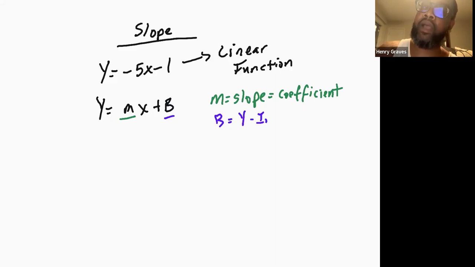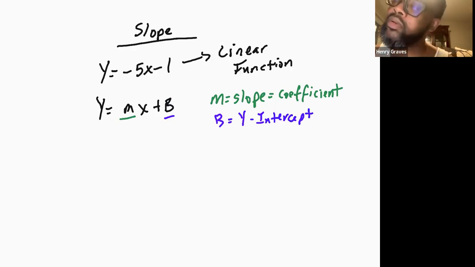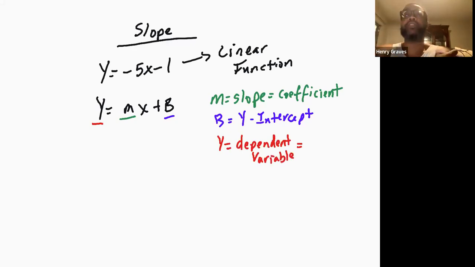Then we have the y. I call the y the dependent variable. I think in your assignment they call it the dependent quantity, but I prefer to use the word variable because it's just a number. And that's also your output. So that's what you get when you put in something. I'm going to go over the inputs and outputs here as well, so that way it'll make perfect sense. And then I have one more to talk about, and that's the x.